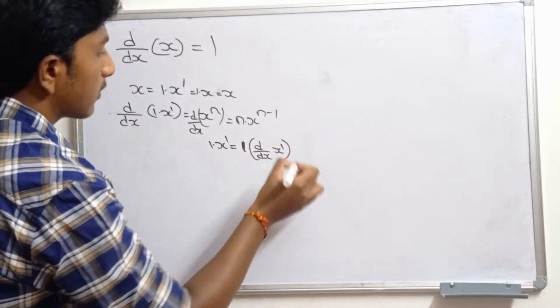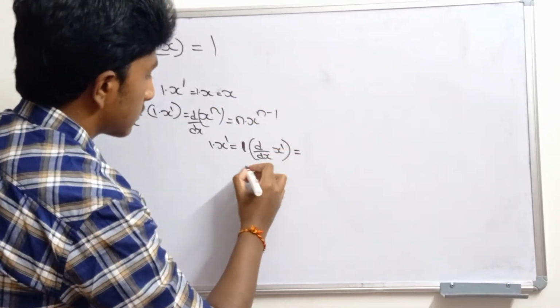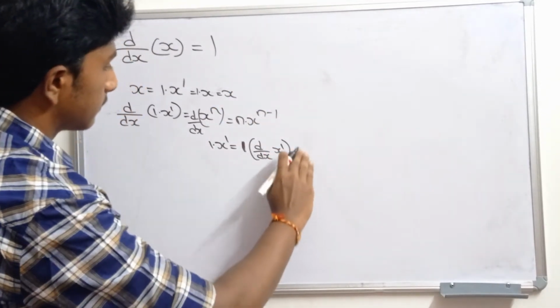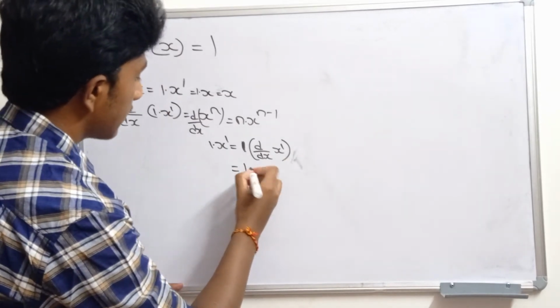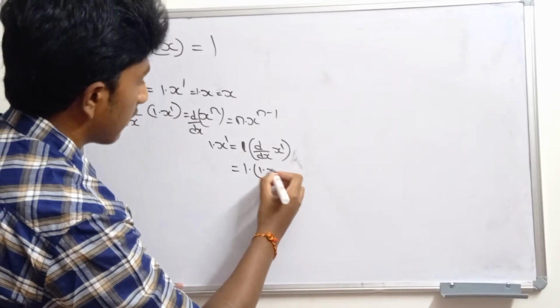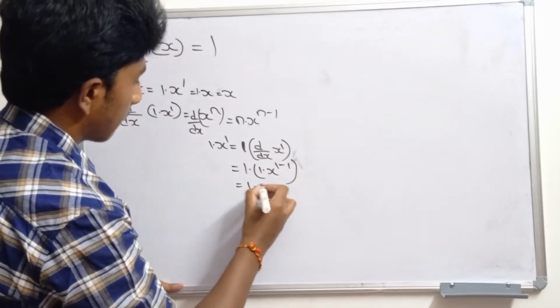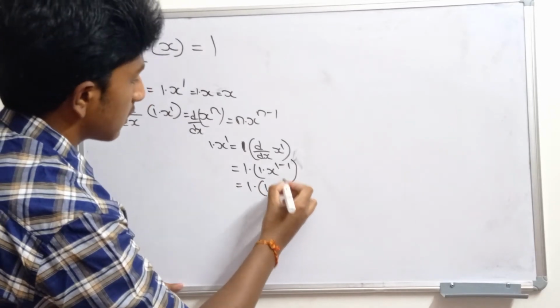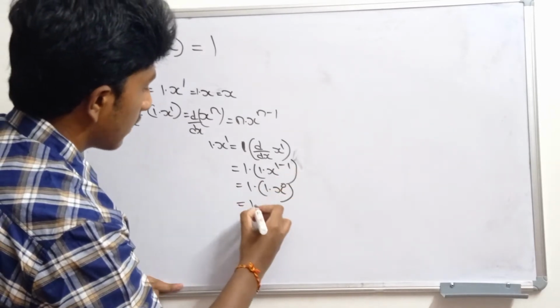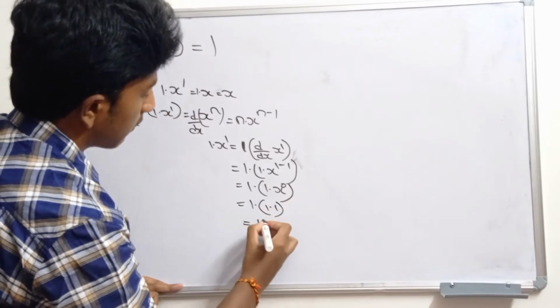So now x is x and treat 1 as n. That is equal to 1 into x power 1 minus 1, which is 1 into x power 0. 1 minus 1 is 0, so anything power 0 is equal to 1. 1 into 1 we get.